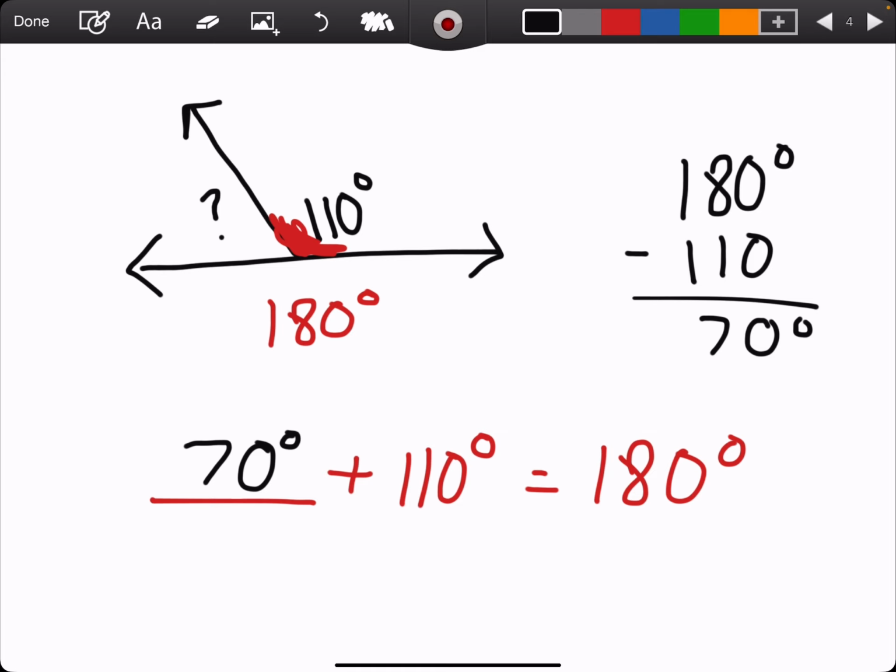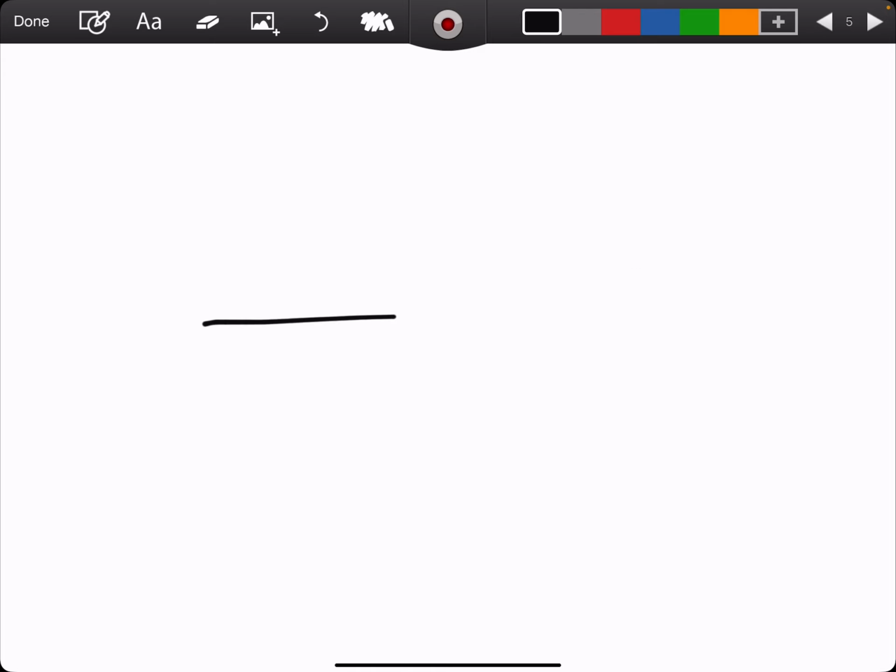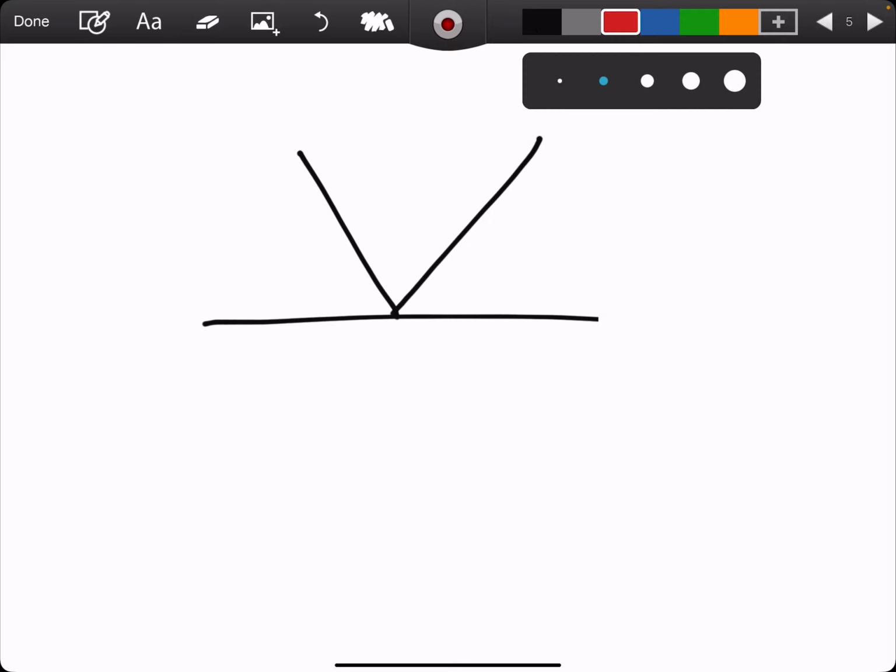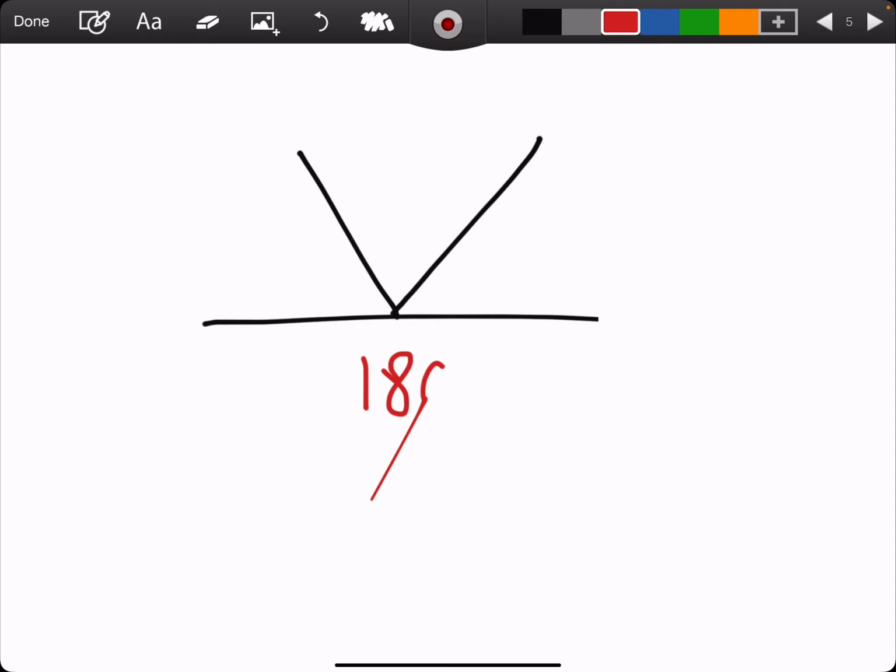There we go. Now, I could split this up. You may see it three ways, okay? Well, right away I know this is going to be 180 degrees, okay?